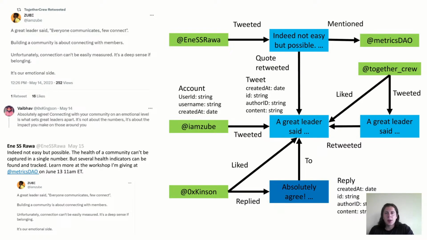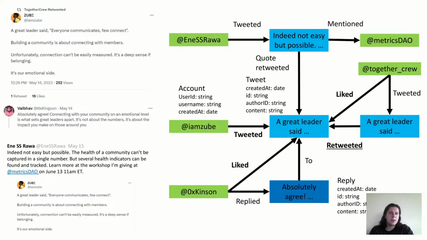To quickly recap what we've been talking about so far, we first showed a tweeted connection, a connection between an account and a tweet to show that this account sent a tweet. Then we talked about a liked connection. This is between an account and a tweet, where the account liked the tweet. Next, we talked about the retweeted connection.